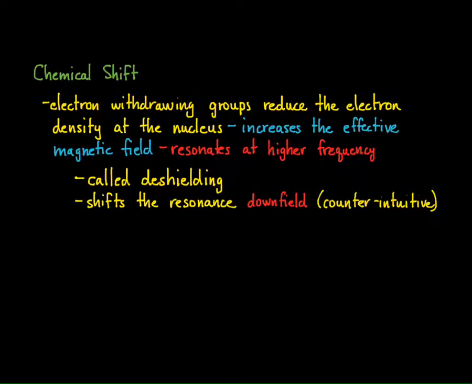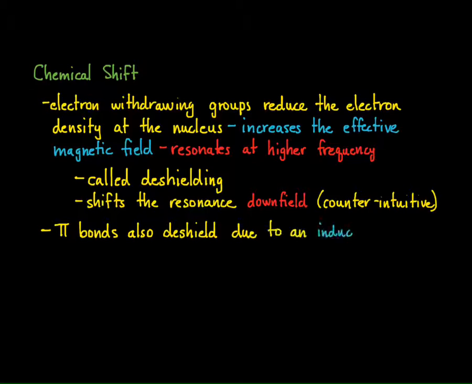Now, another effect that we see is the effect of pi bonds. Pi bonds also de-shield due to what we call an induced magnetic field in the pi bonds. So pi bonds actually have an induced magnetic field in which the electrons in that field actually add to the applied magnetic field.